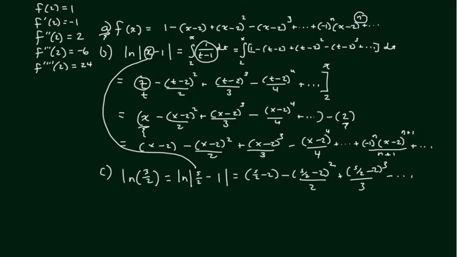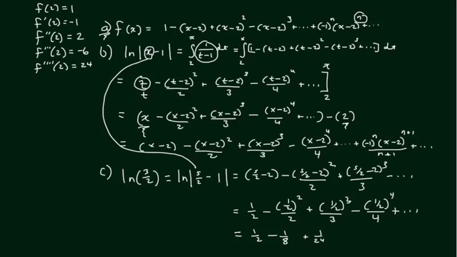Minus dot dot dot. Okay, so now if I simplify this, each of these terms goes to a half: 1/2 minus 1/2 squared over 2 plus 1/2 cubed over 3 minus 1/2 to the power of 4 over 4 plus dot dot dot. And let's see, this gives us 1/2 minus 1/8 plus 1/24 minus 1/64 plus dot dot dot.